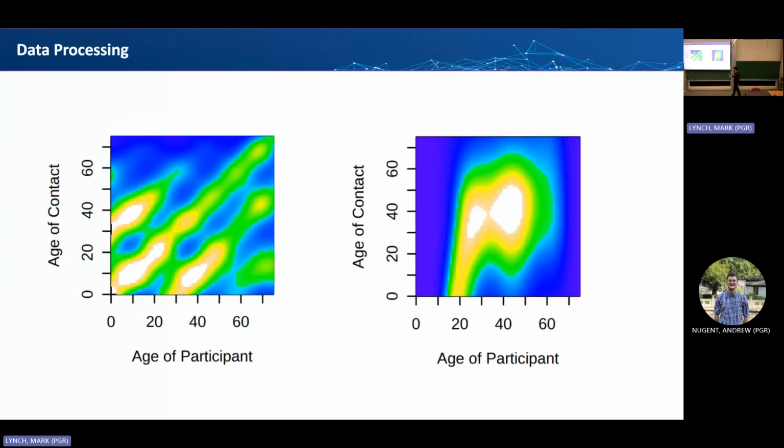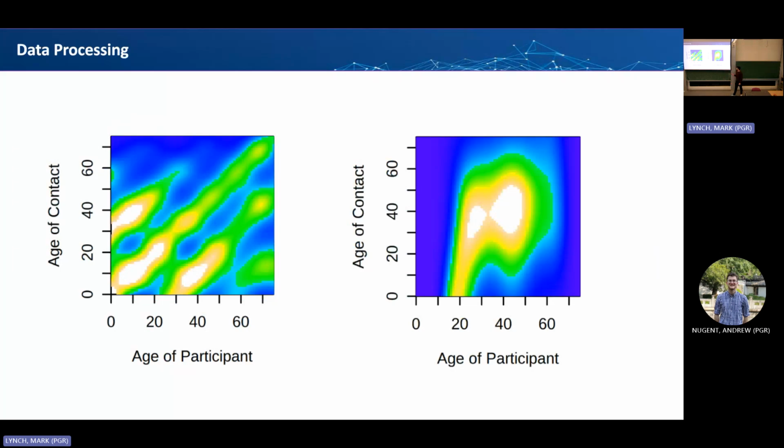Especially at home, this is very easy to see. This is a contact matrix from Polymod from contacts that are made at home. You can see this band of same age contacts and 1 generation above and below.